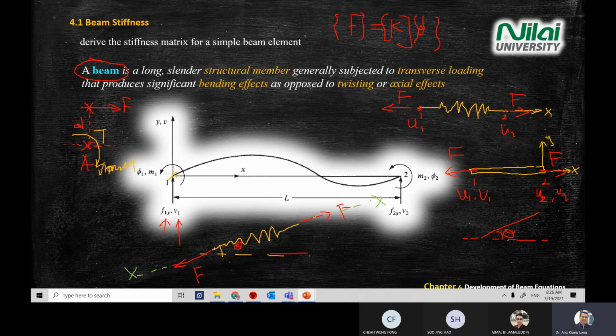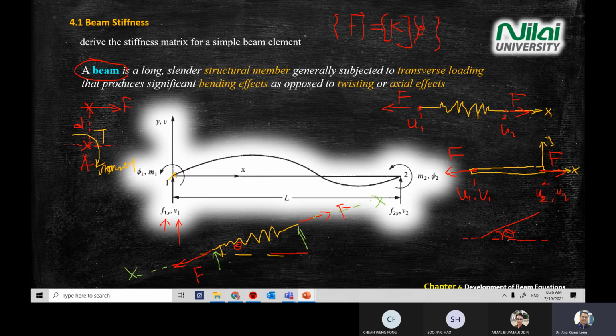You can only operate a spring by pulling at both ends, right? You can't push from this end. If you push in the green color direction, the spring doesn't do anything.